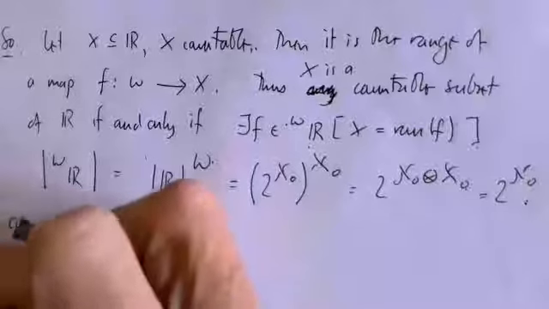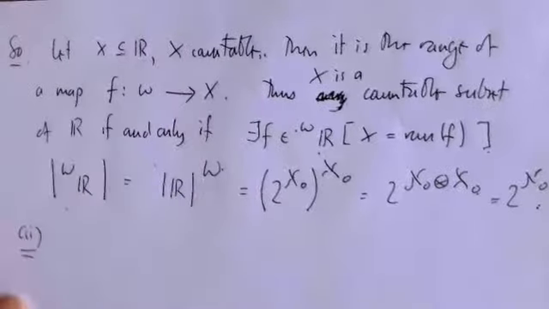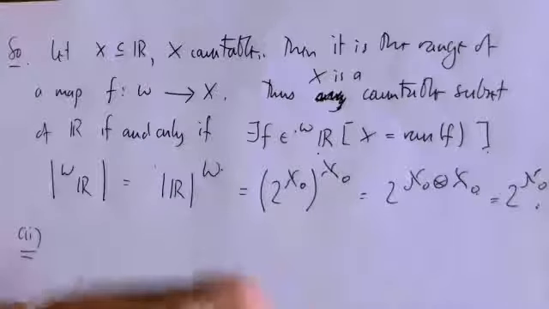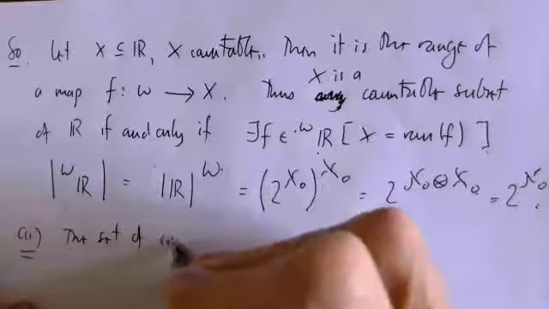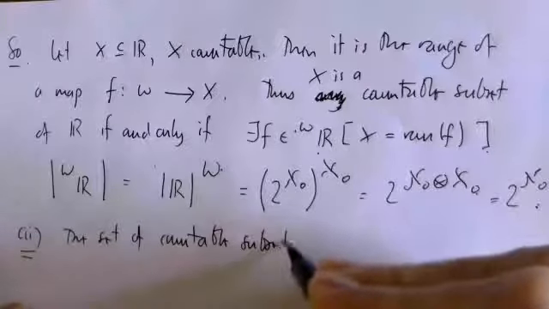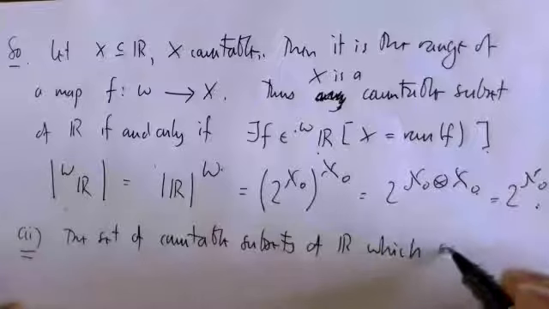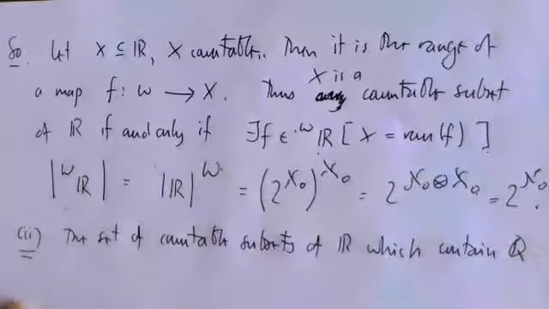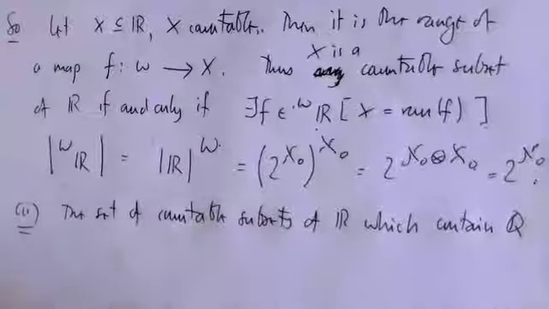So let's do 2 as well. The set of countable subsets of R which contain Q also has the same size. So Q, the set of rationals, is countable.